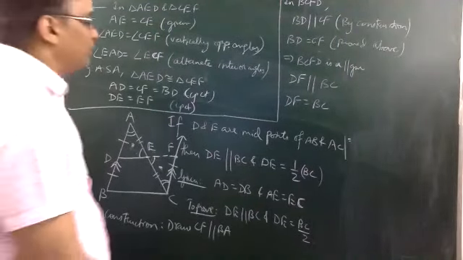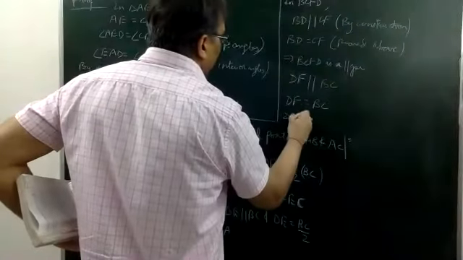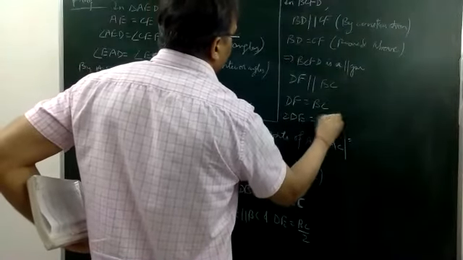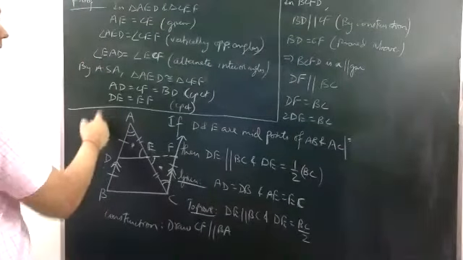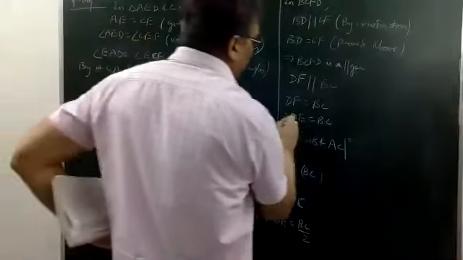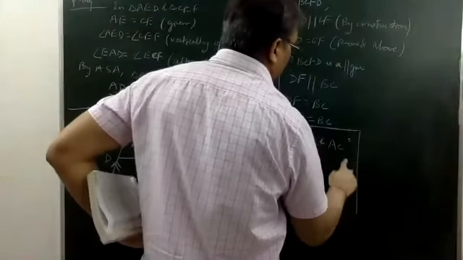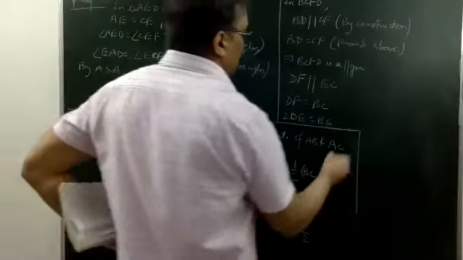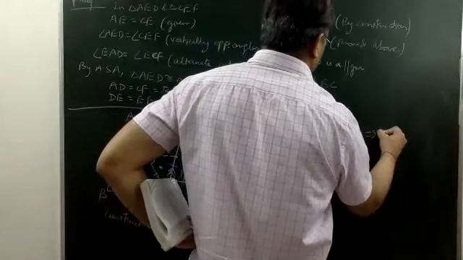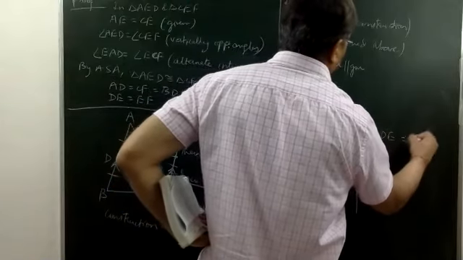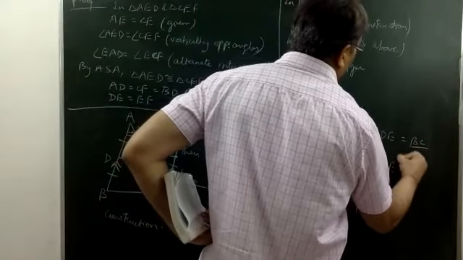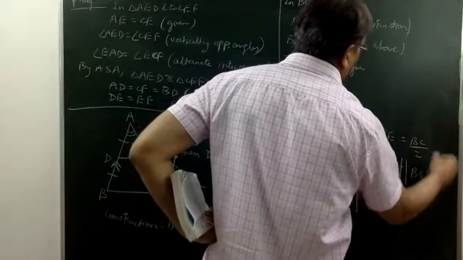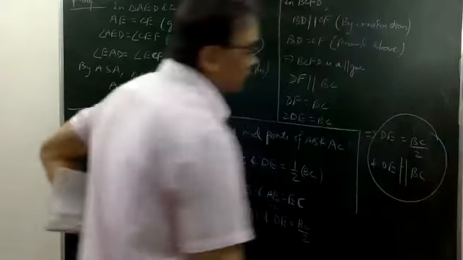So DF को हम लोग लिख सकते हैं twice of DE is equal to BC क्योंकि DE और EF equal है यहाँ. So this implies DE is equal to BC by 2 and DE is also parallel to BC. So this is the midpoint theorem.